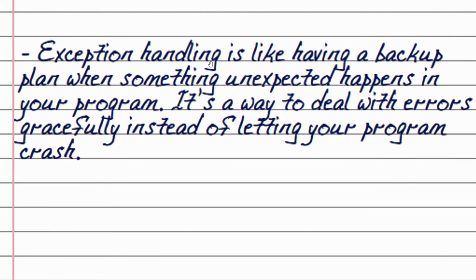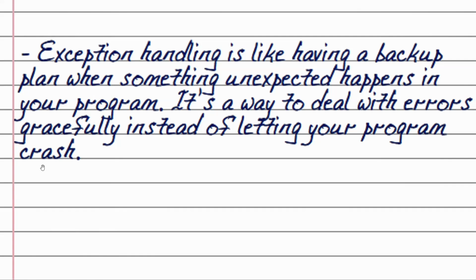Exception handling is like having a backup plan when something unexpected happens in your program. It is a way to deal with the error gracefully instead of letting your program crash. Basically, we have a backup plan or an alternate resource through which we can handle the exception. Continuing with our previous real life example, let's say we have the autosave feature.